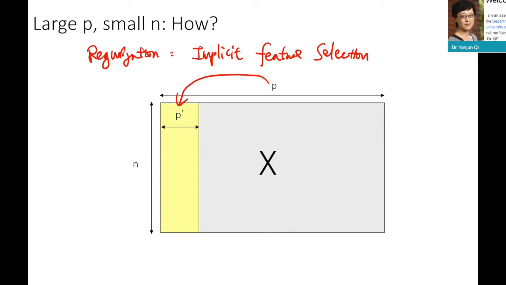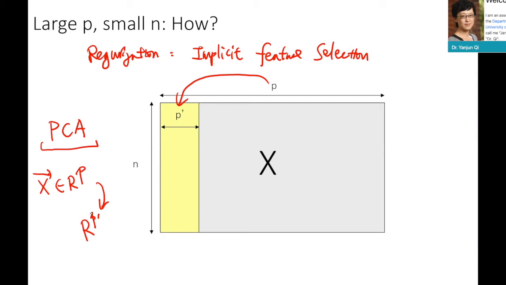PCA is a very popular approach, and people from biomedicine maybe know about this really well. This PCA approach, in fact, projects from the R^P space into a lower dimensional space, which we call R^P prime. But this R^P prime is not a subset of the original space.